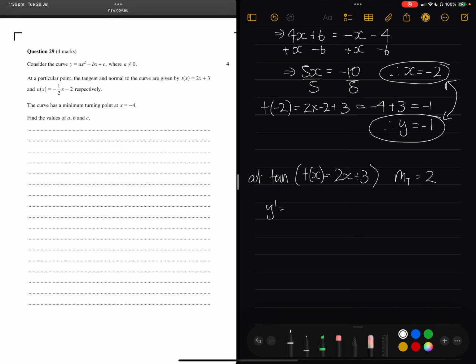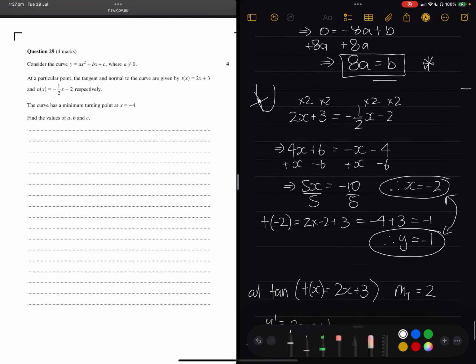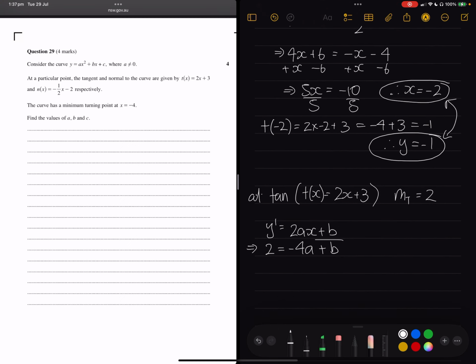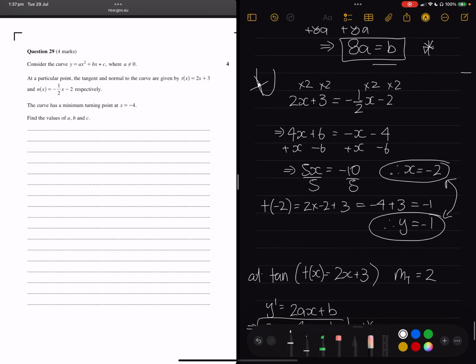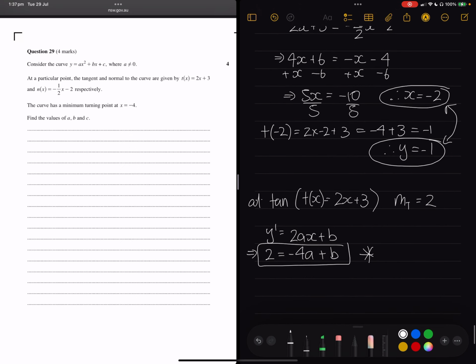But y prime is 2ax plus b. So when we sub in everything we know, y prime is 2, that's the slope of the tangent at this point. We don't have a value for a, but we do know x is -2. So 2 is equal to -4a plus b. This is our other equation linking two variables. So we have 8a equals b and this.